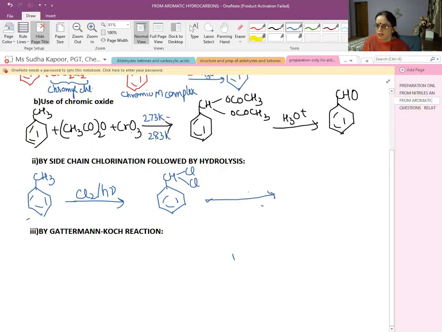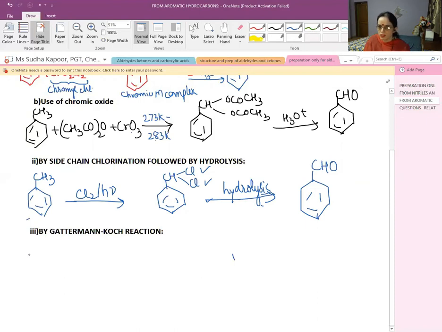Now on the hydrolysis of it, we know that the Cl will be replaced by OH, and gem diols being unstable in nature would result in elimination of water, and the main product obtained is CHO. Because these two Cl will become OH, and when a carbon is having both the places occupied by OH, water will be eliminated and we will be getting the benzaldehyde.